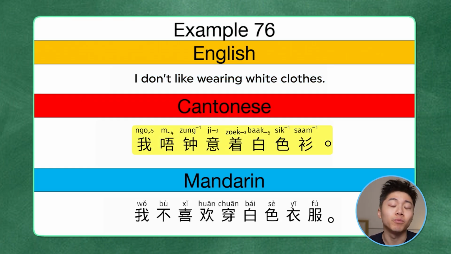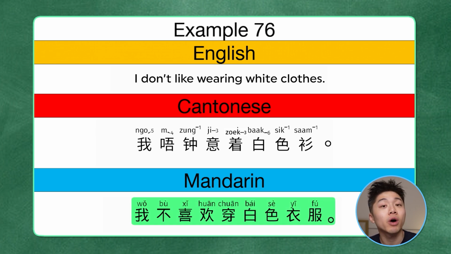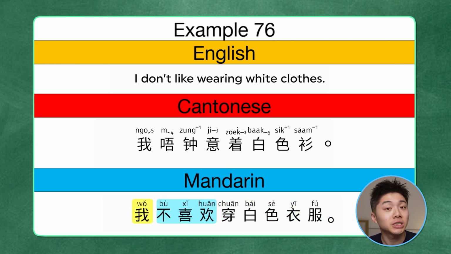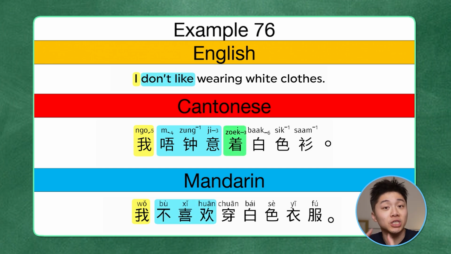In Cantonese, 我唔鍾意着白色衫. 我不喜歡穿白色衣服. 我 is I, in Mandarin, 我. 唔鍾意 means to not like, so 唔 means no. 鍾意 means like, so no like, not like. In Mandarin, 不 means no. Mandarin, 喜歡 means like, so no like, 不喜歡. 着 means to wear in Cantonese.